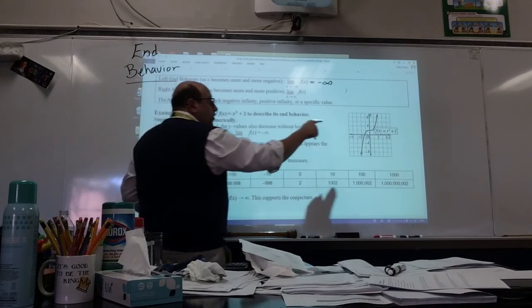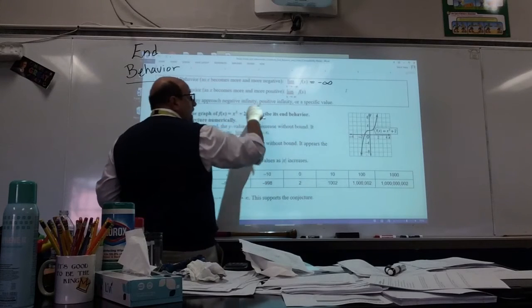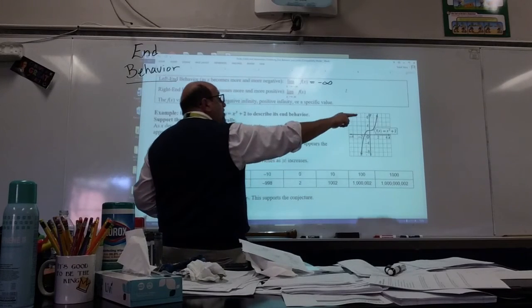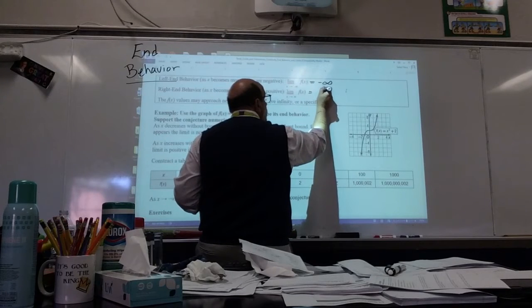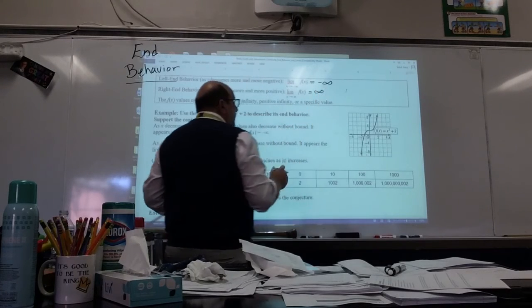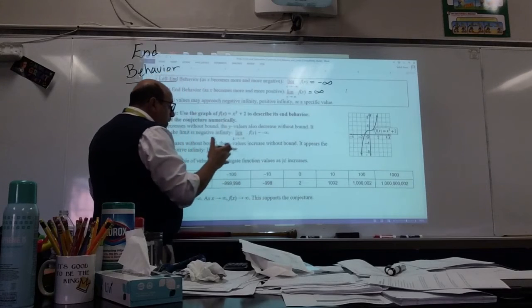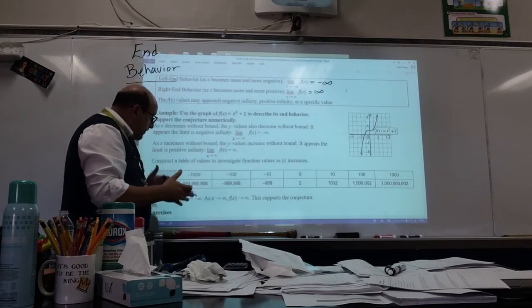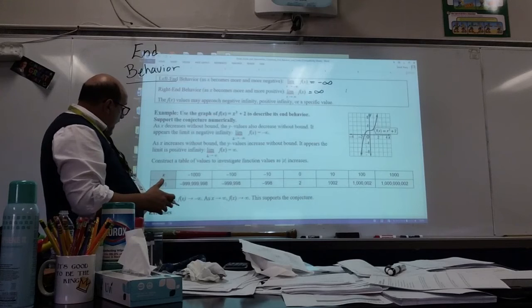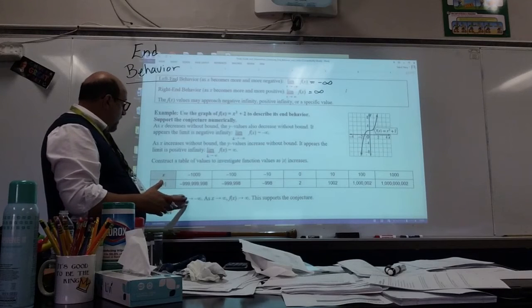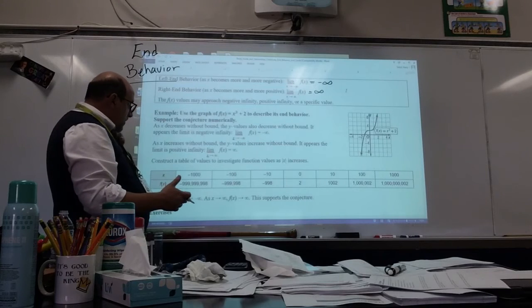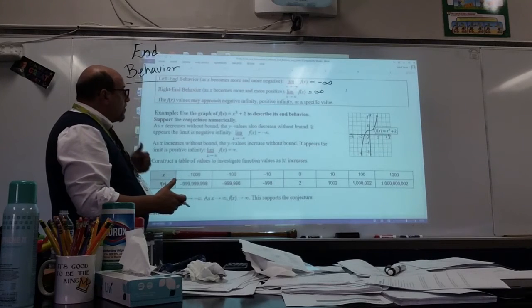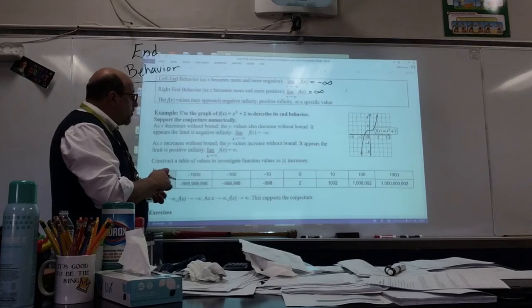And if you looked at this same function as it went toward positive infinity, you would say it was going toward infinity. It's really quite simple. As x approaches negative infinity, the function ends up at negative infinity. And that's really all there is to it.